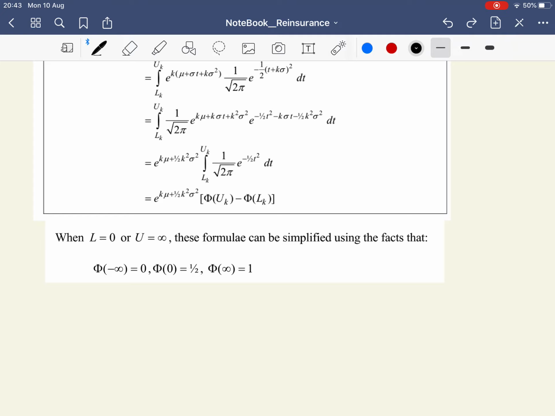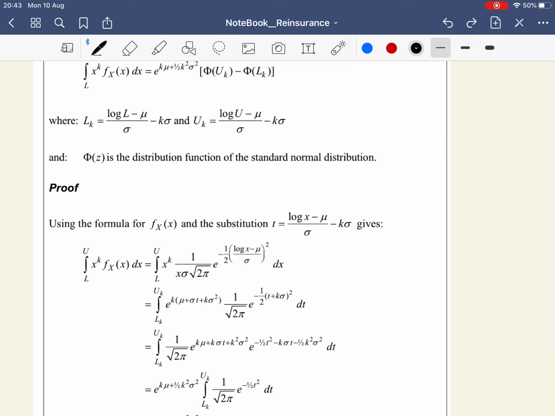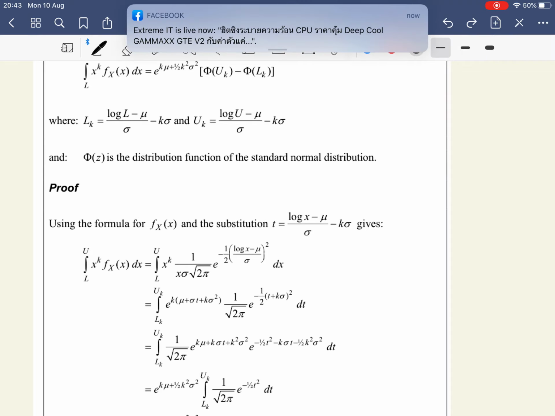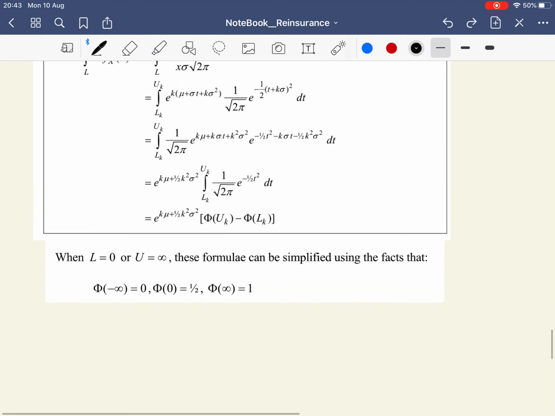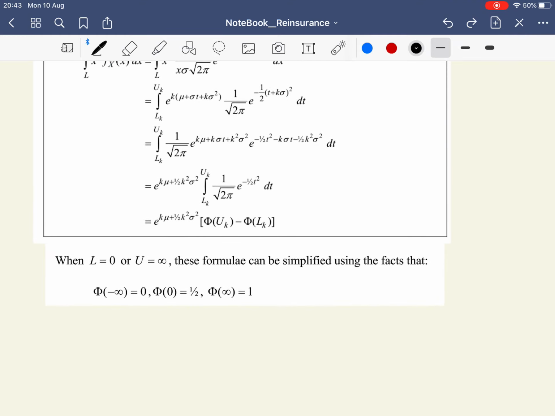Let's take a note about the lower and upper limit. When L equals 0, let's see the function L_k. L_k will take log of L, take away mu, so log of L will take a value that tends to negative infinity. So phi of negative infinity, when we calculate it, is 0, right?